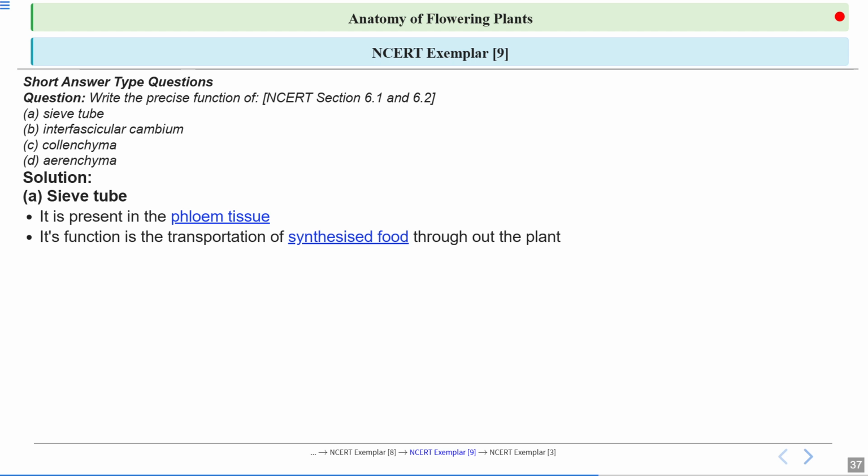But in which form is it transported? Sucrose. So sucrose is transported through the sieve tubes. Here you can see the sieve tube element. This is the sieve plate and this is the sieve tube structure. So through these, the sucrose is transported from one cell to another, right?